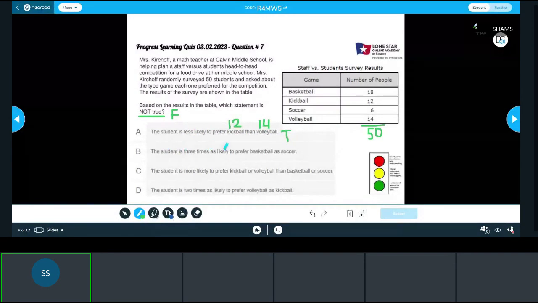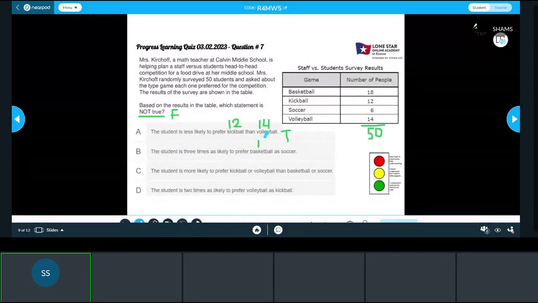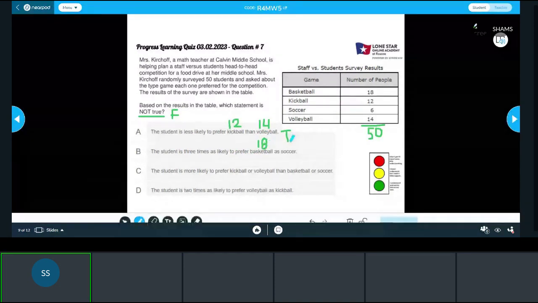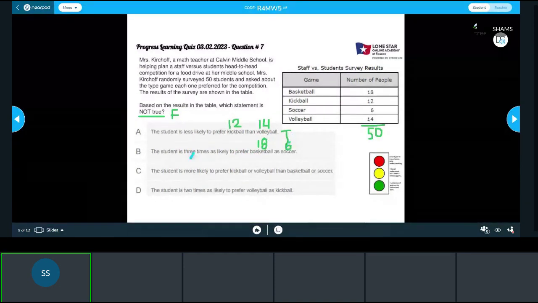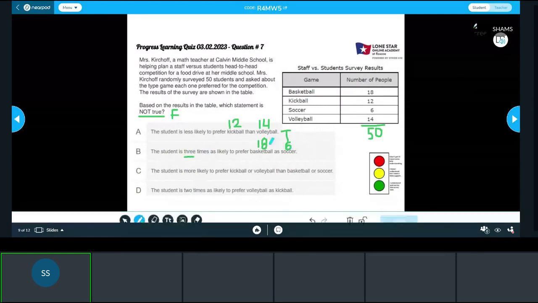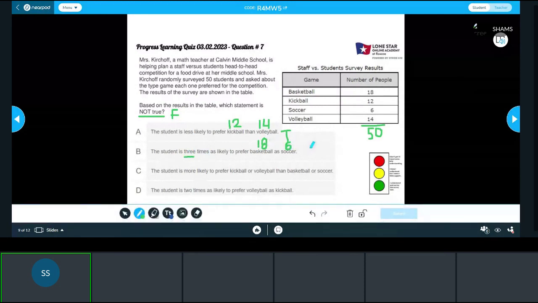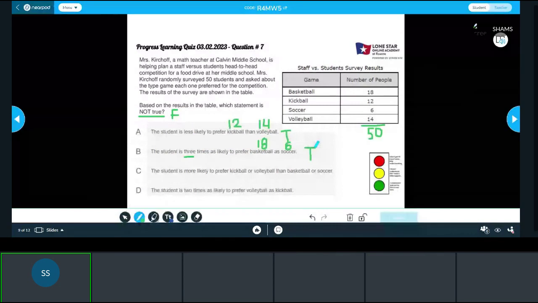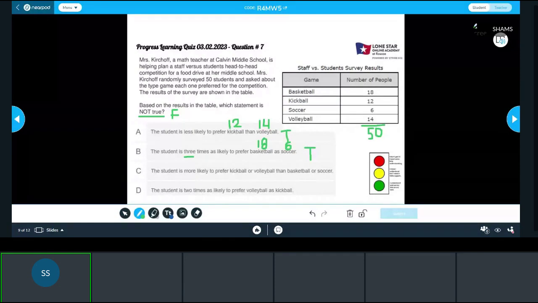B. A student is 3 times as likely to prefer basketball as soccer. That is true, because 3 times 6 is 18. This is true, because the student is 3 times as likely to prefer basketball as soccer. And 3 times soccer, 6, is 18.